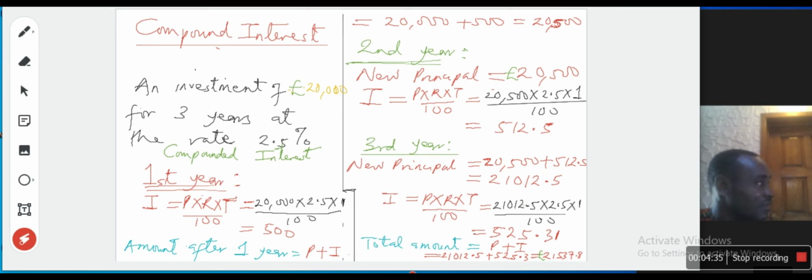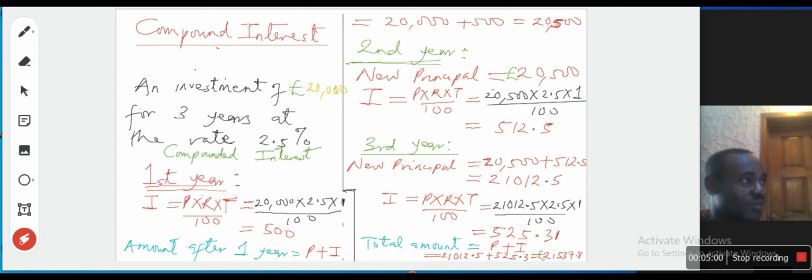We use this principal to calculate and get our interest, and then we move it on. After the first year, this is the principal. For the second year, this thing we had will now be our new principal, and then this is the interest.